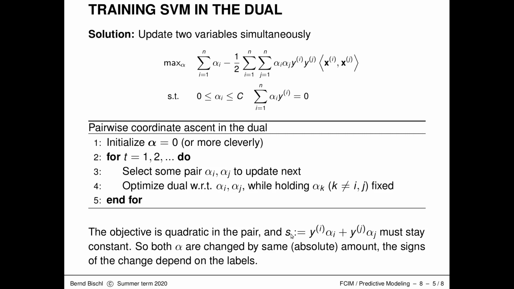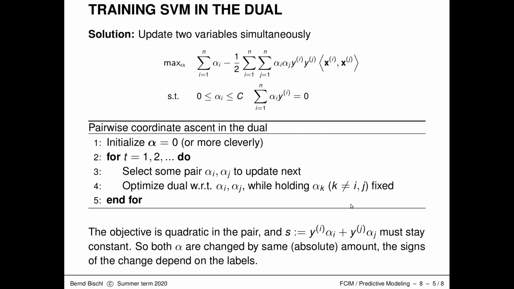Assuming we are currently in a feasible state, we can look at yi times alpha i plus yj times alpha j. These will sum up to a certain value s. And if we add all of the other alpha i times yi terms from all of the other variables, in the end it's going to be 0, right? We know that because we're assuming we're currently in a feasible point.